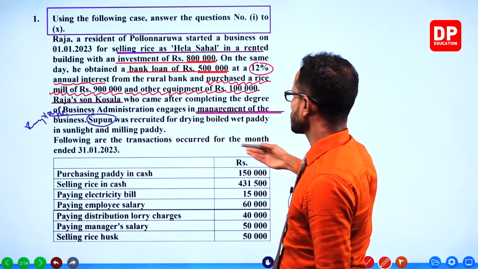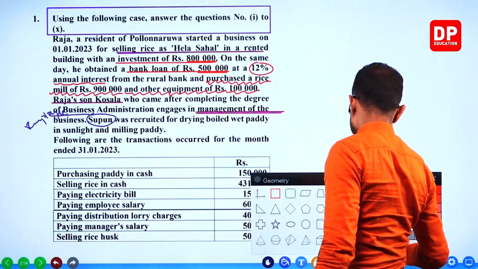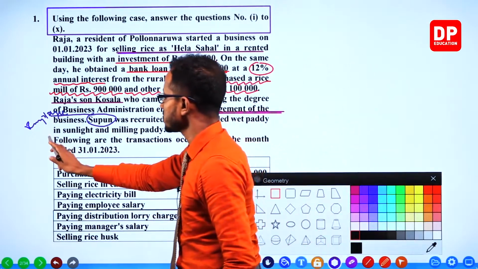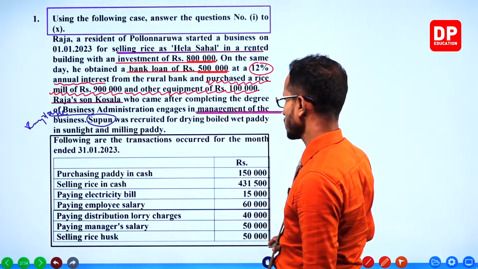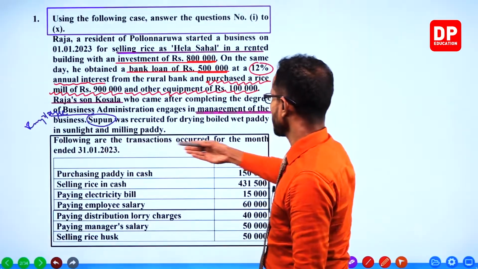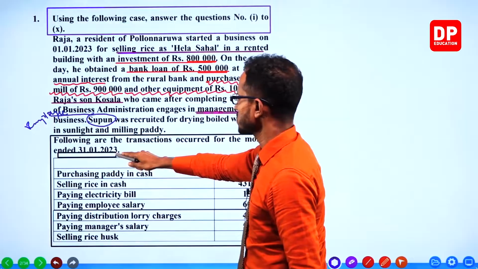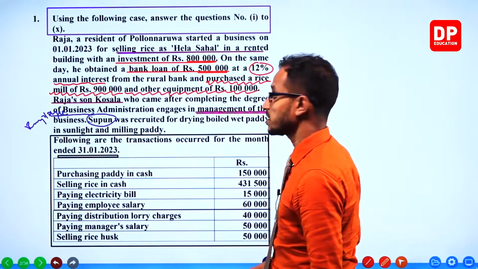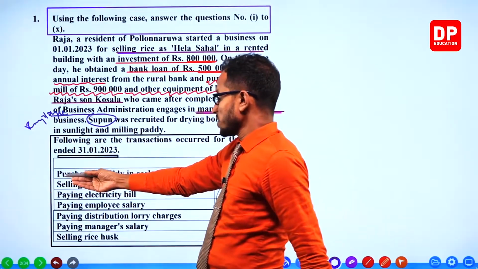Following are the transactions occurred for the month ended 31st January, until the end of the month.